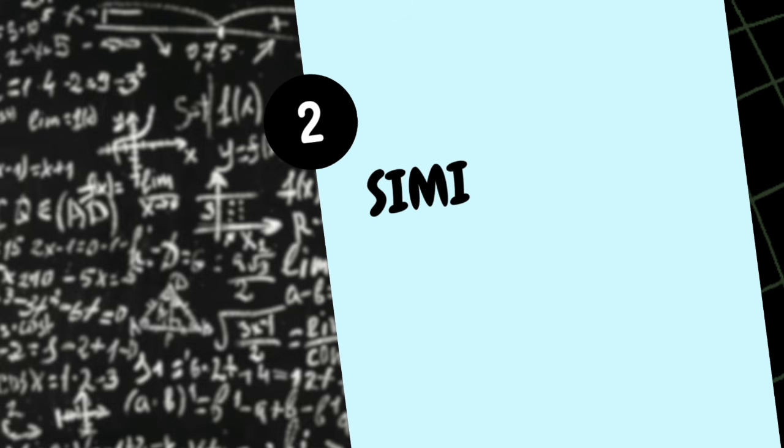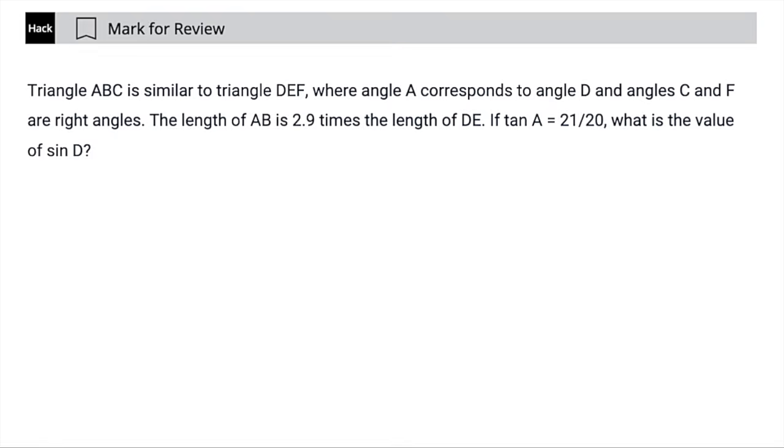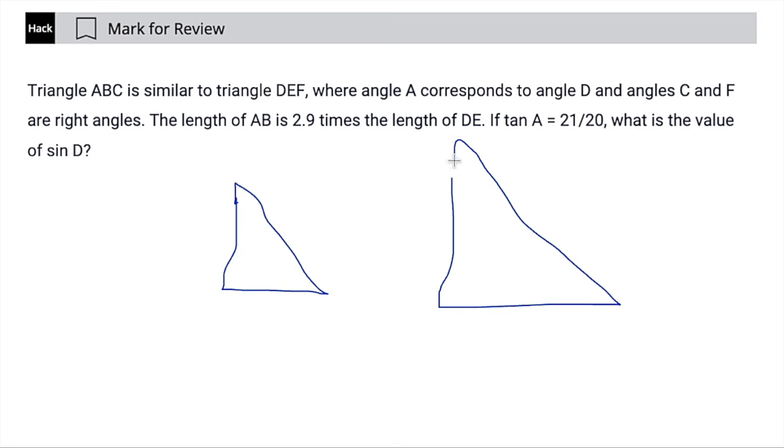Next up, we've got the similar triangle copy. Basically, you should know that similar triangles have the same angles. So you are allowed to copy their angles, but also you're allowed to copy their sine, tangent, and cosine. Because if you think about it, let's pretend that we have a beautiful 3, 4, 5 triangle, and another triangle with sides 6, 8, 10. Let's look at the sine of this.